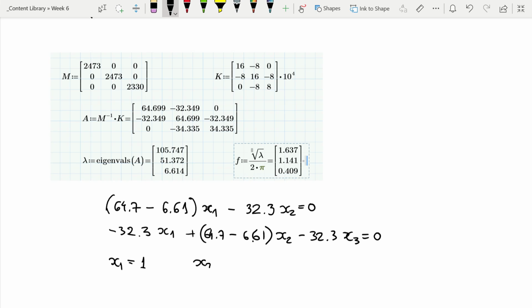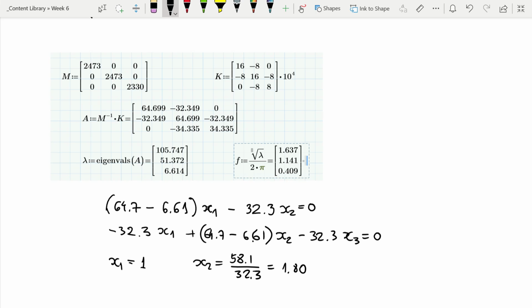Then x2 is equal, sorry, x2 is equal 64.7 minus 6.61, which is 58.1 divided by 32.3, 1.8.